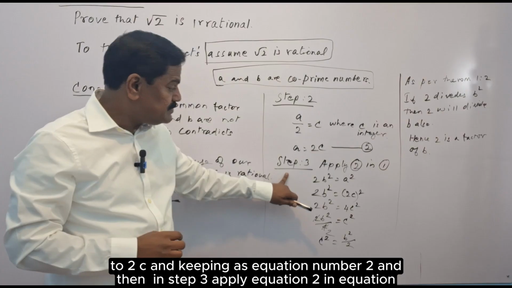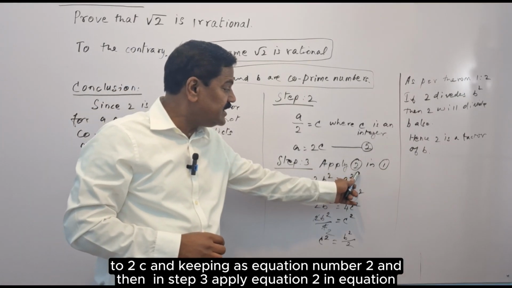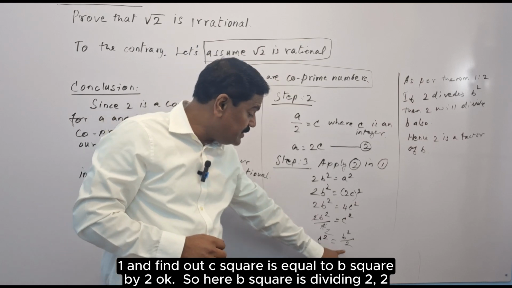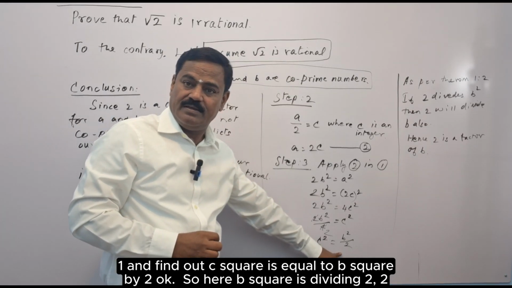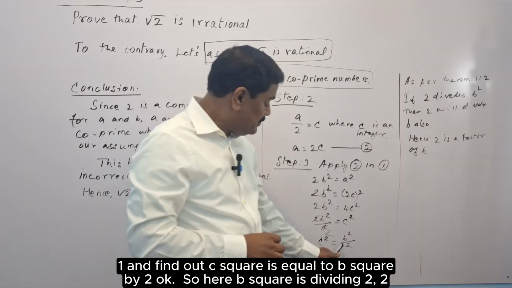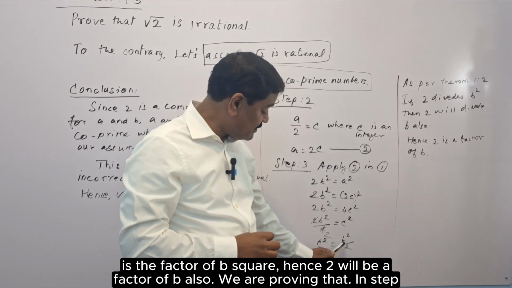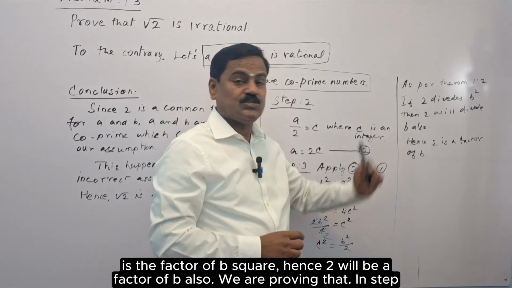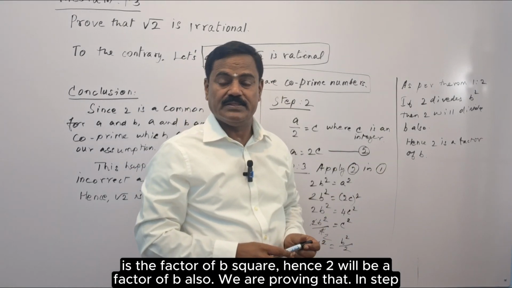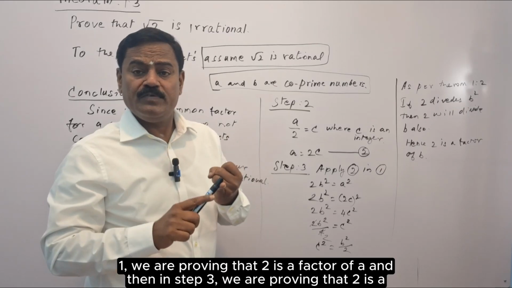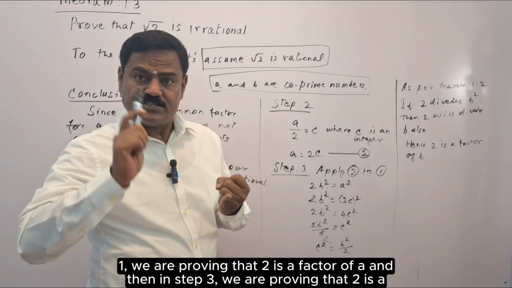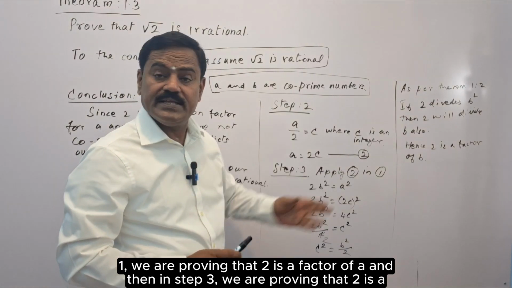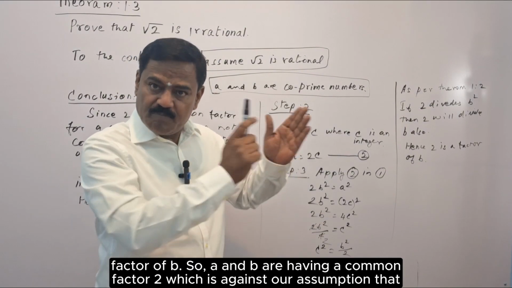Then in step 3, apply equation 2 in equation 1 and find c² = b²/2. Here 2 is a factor of b², hence 2 will be a factor of b also. In step 1 we proved that 2 is a factor of a, and in step 3 we proved that 2 is a factor of b.